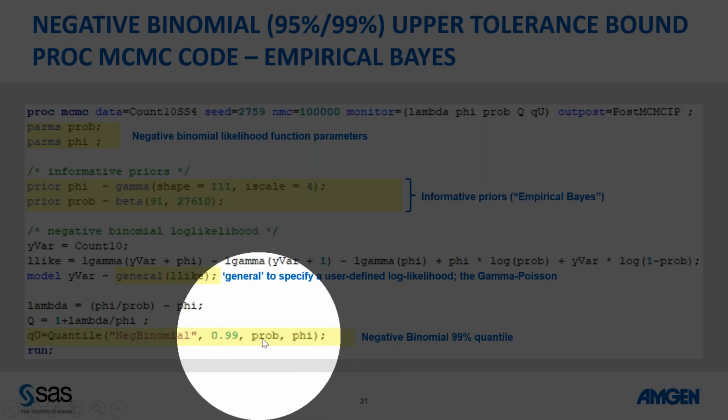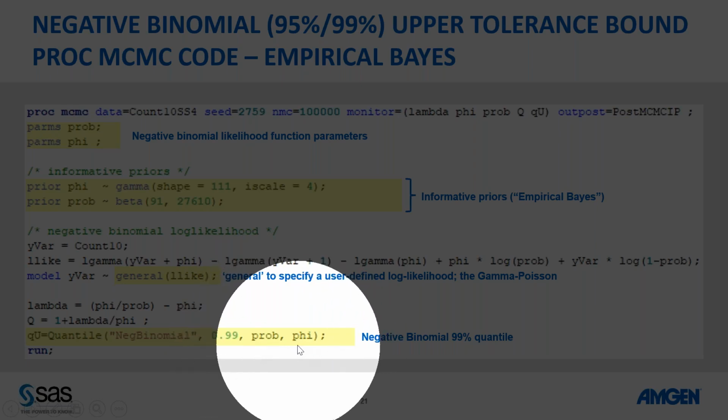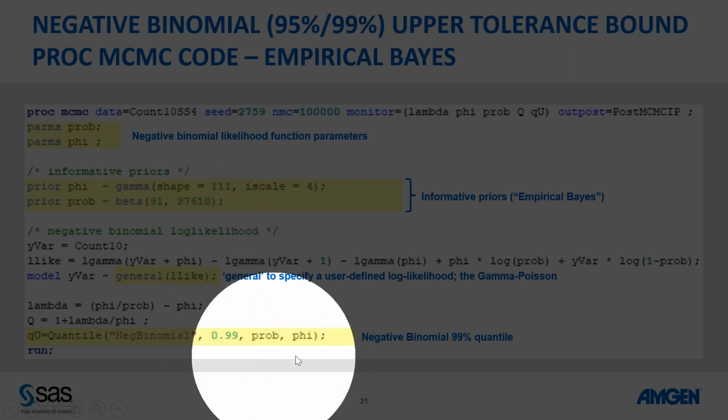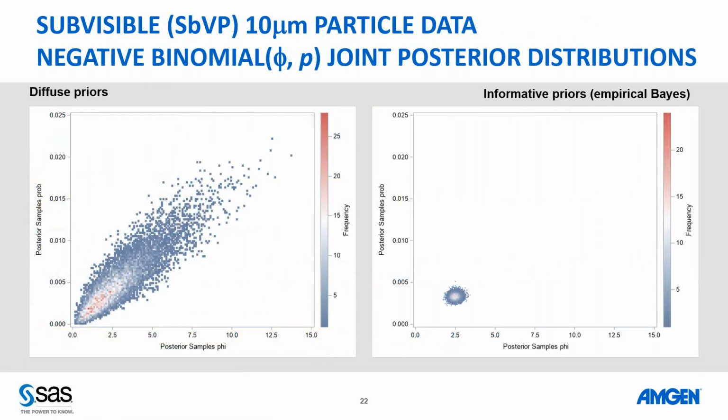And again, this is the beauty of this: once we have the posterior distribution for the probability parameter P and the posterior distribution for phi, then we can just pass that in there and we get a posterior for the quantiles. So we just want to show you what the informative prior does. On the left, you have the joint distribution of phi and the probability parameter P, using a diffuse prior.